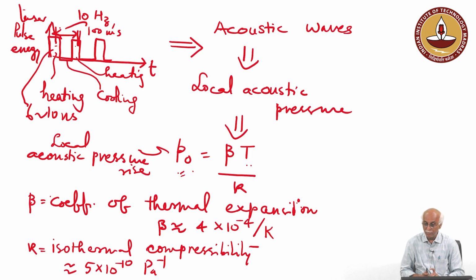Now, this pressure rise is given by a parameter beta, the coefficient of thermal expansion, and the isothermal compressibility of the tissue, and T is the temperature at that position. So, when we are sending the laser pulse, the pulse width may be of the order of 6 to 10 nanoseconds, much shorter than the relaxation time.